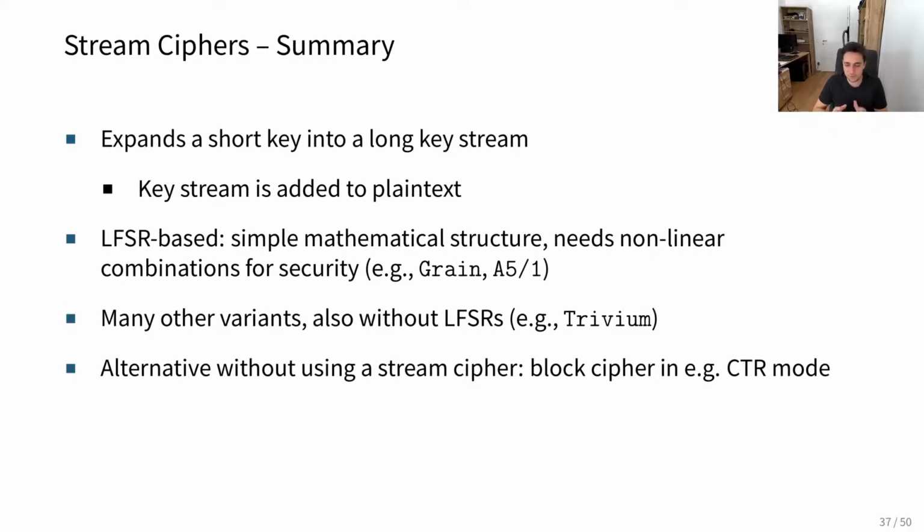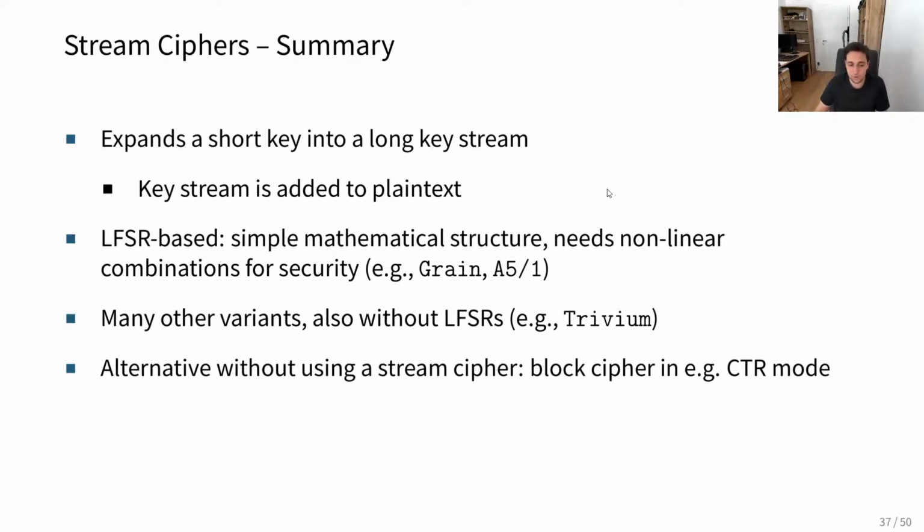An LFSR is a very simple mathematical structure, but it cannot be used alone. It needs some nonlinear combinations for security. But for example, in A5/1, which was used in GSM, and also in Grain, an LFSR is part of the components. And there are also many other variants of stream ciphers which do not use LFSRs.